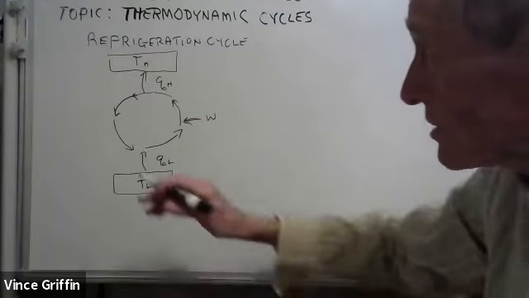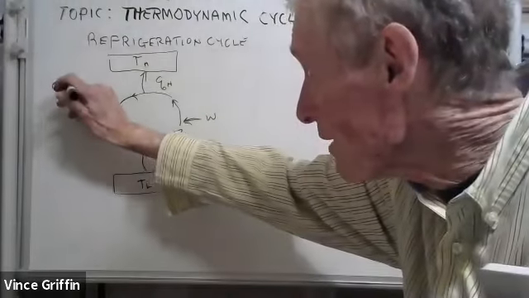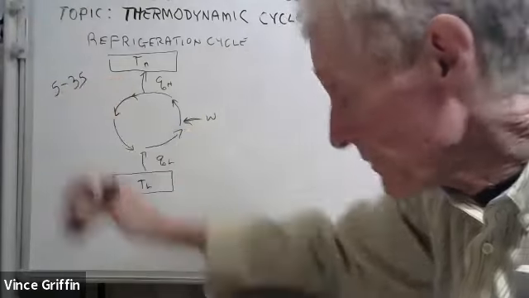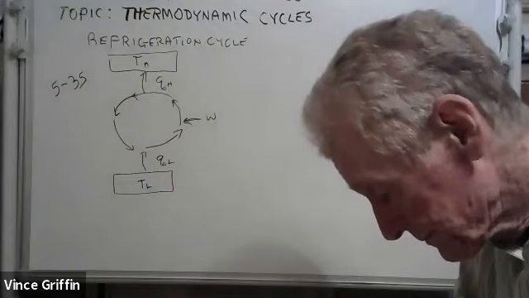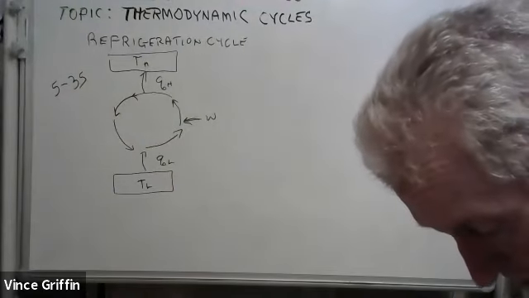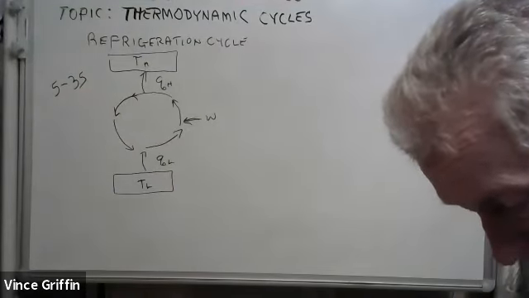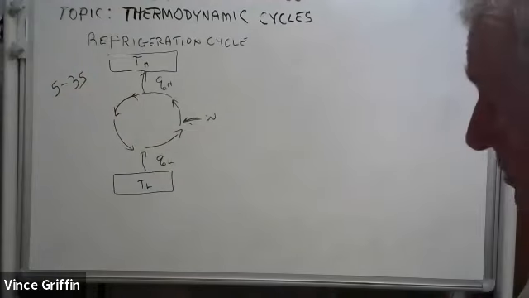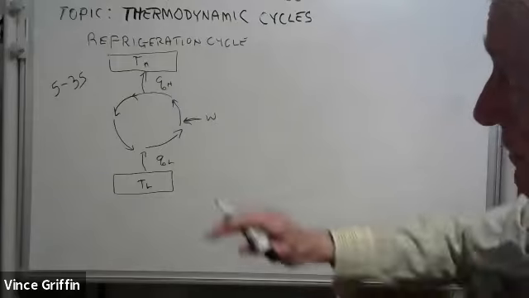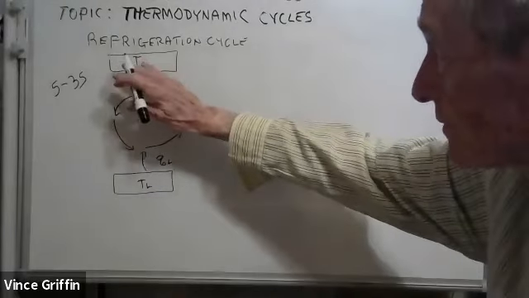Here goes. Here's one. This is 535. It's a refrigeration cycle. Okay. A household freezer operates in a room at 20 degrees Celsius. Well, see, that would be this.